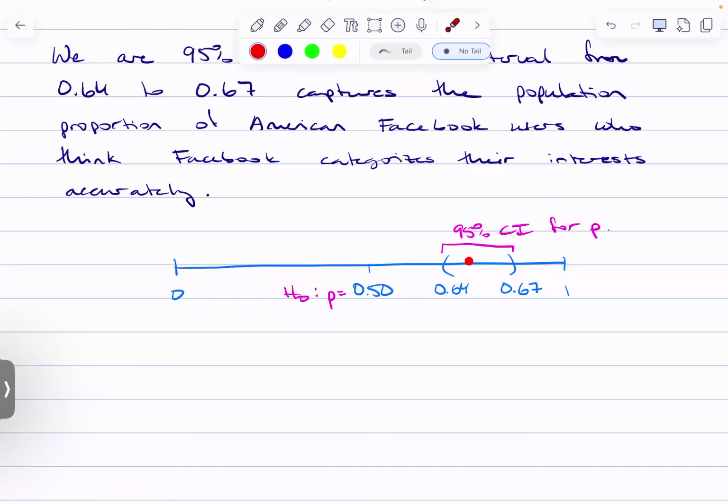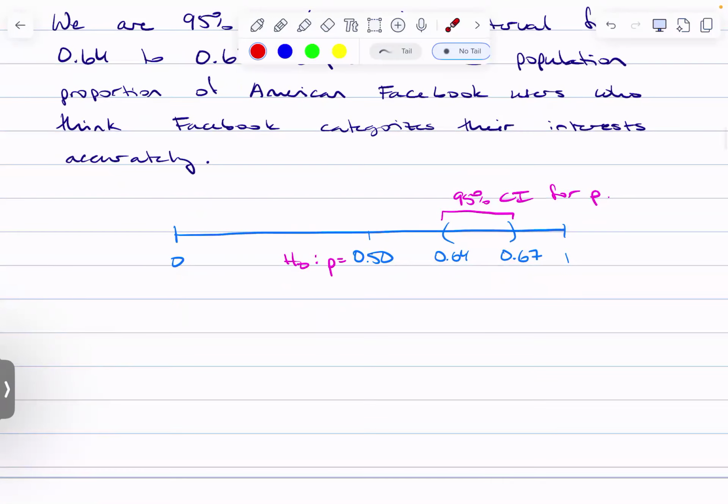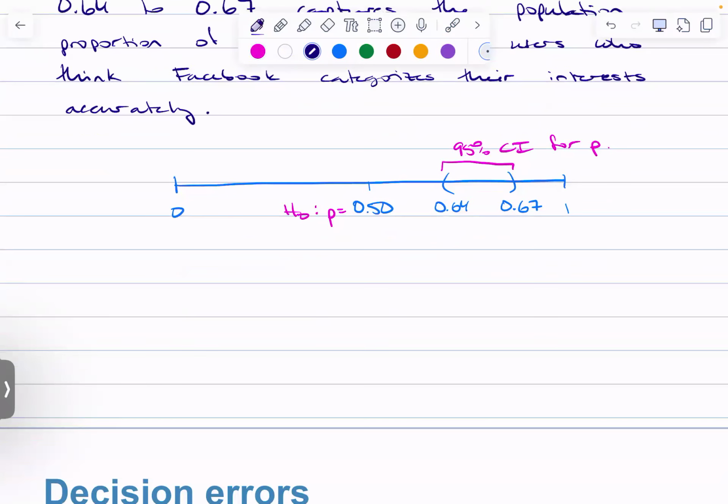So I'm 95% confident that it's between 0.64 and 0.67, which is also saying I'm 95% confident that P is not 0.5. I'm not 100% confident, I'm only 95% confident. And that's what bugs a lot of people about statisticians: we'll never commit to anything. Oh, there's still a chance that we're wrong. That's okay.